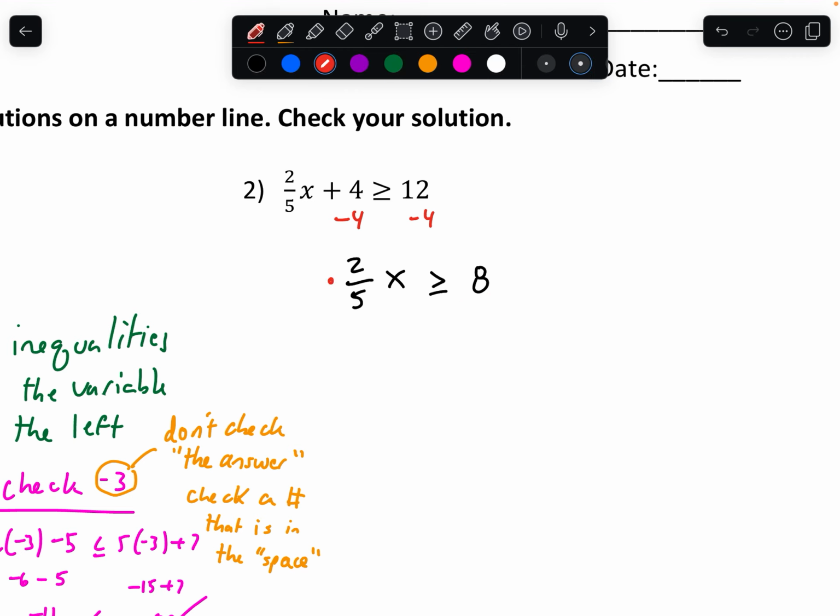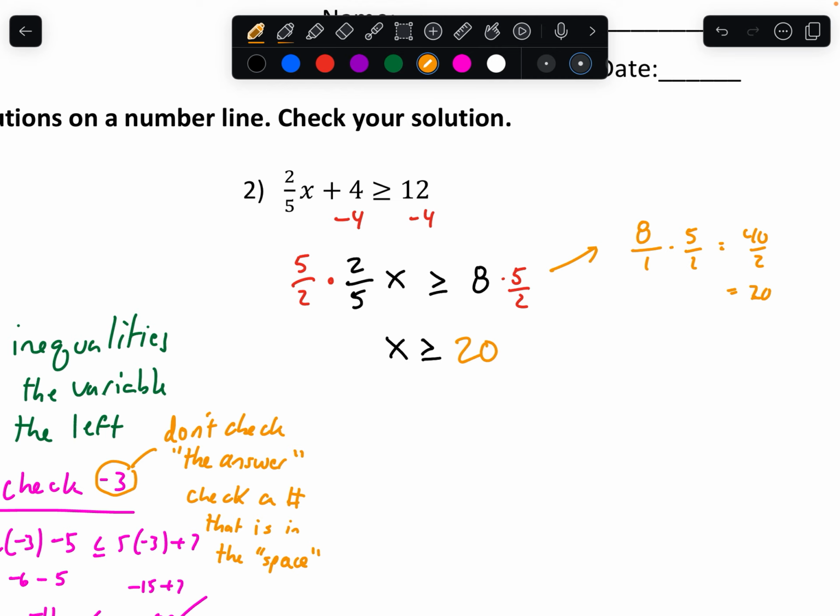The reciprocal of 2/5 is 5/2. On the left side that cancels, and we're left with x. It's greater than or equal to, and on the right side, 8 times 5/2 is the same thing as 8 over 1 times 5 over 2, which gives me 40 over 2, which is 20. So that's where that's coming from.